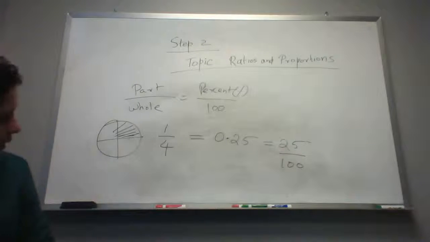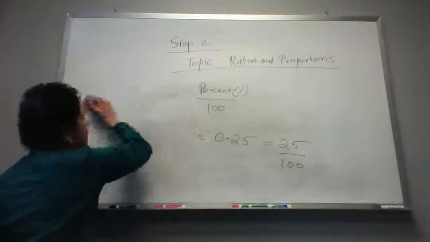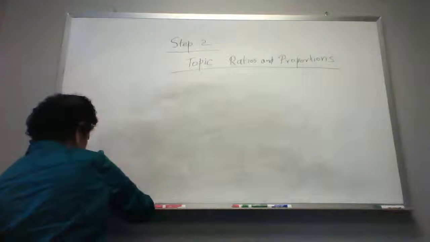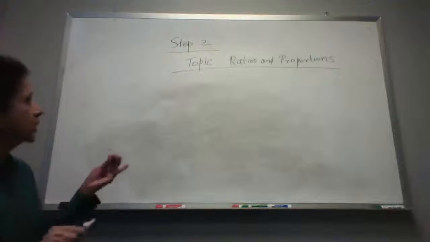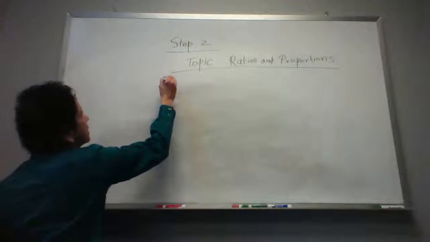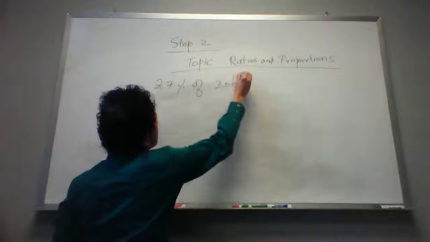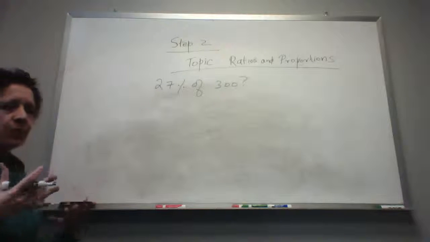So now, let's do some problems to illustrate the percent. The first problem here is, what is 27% of 300? Okay, that's the question. You can do this problem a lot of different ways.